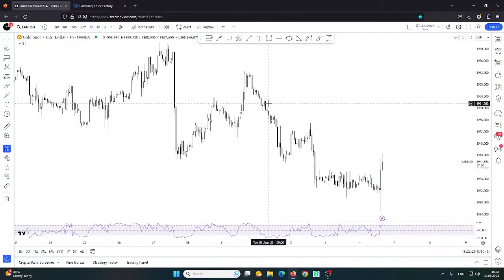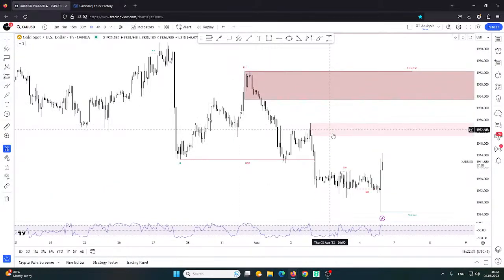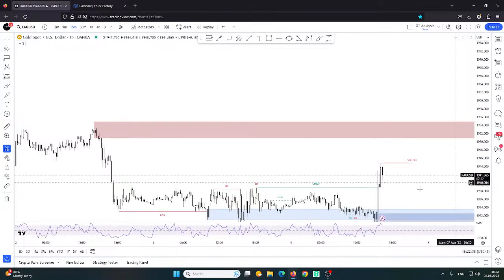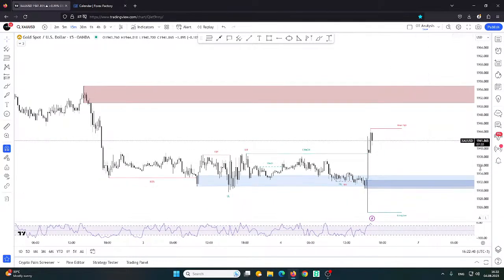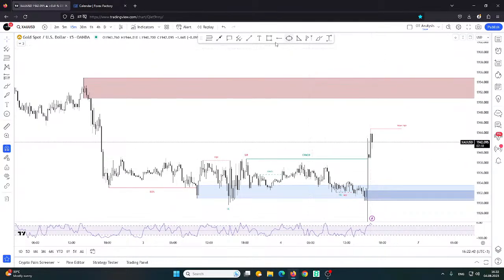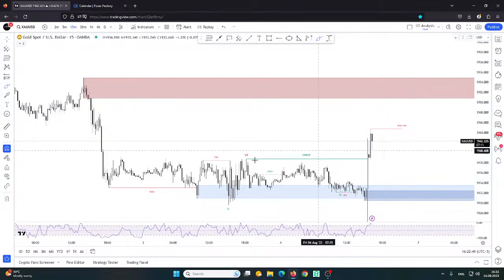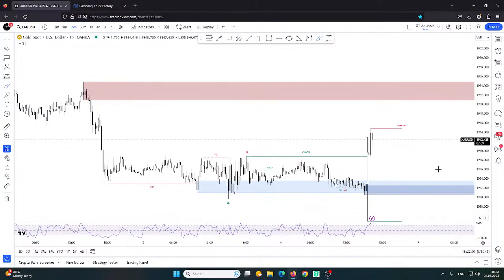Gold. Let's take a look. Yeah, maybe I would like the price to come back down here to reach this zone, and then boom. Okay, sideways movement. Sideways movement, guys.